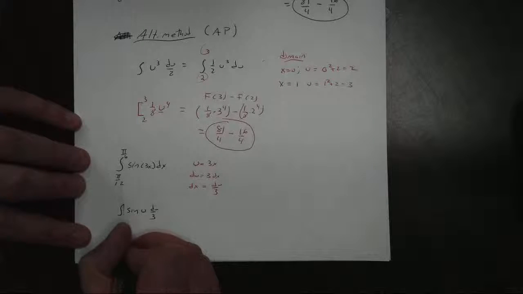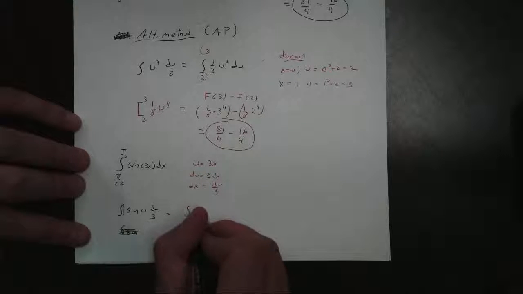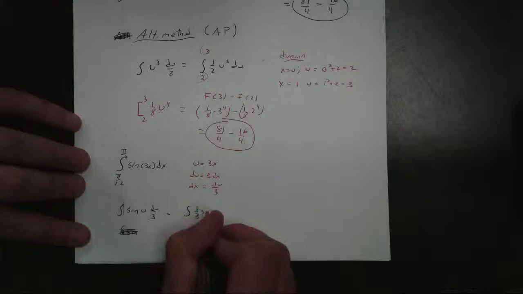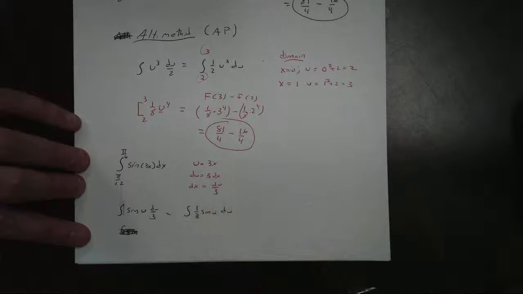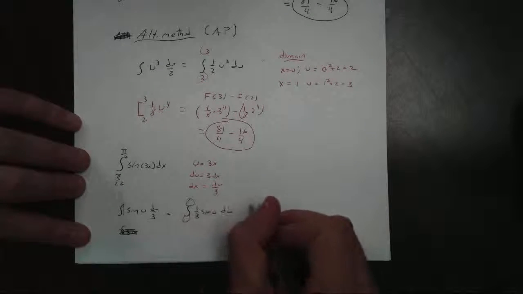And I can rewrite that as the integral of 1/3 the sine of u du. And now what I'm going to do is change my domain. See, I want these to be in terms of u as well.